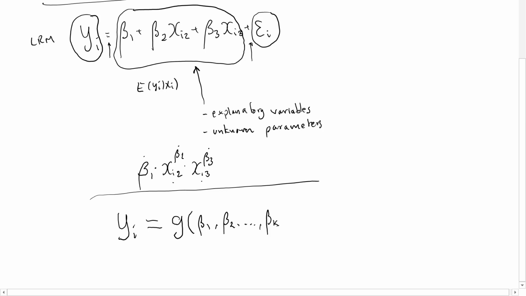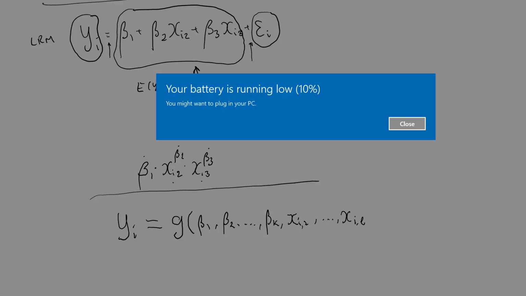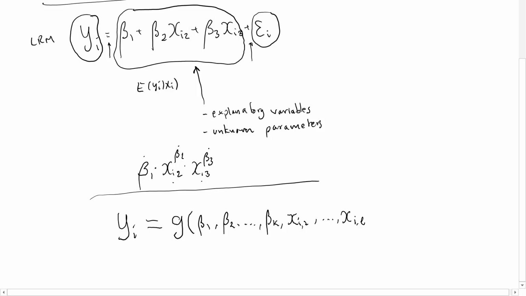So there is a bunch of unknown parameters, and also a bunch of explanatory variables. We continue the practice of naming the first one x_i2 all the way to x_iL. Then there are L minus 1 explanatory variables. Then after the blob comes the error term.